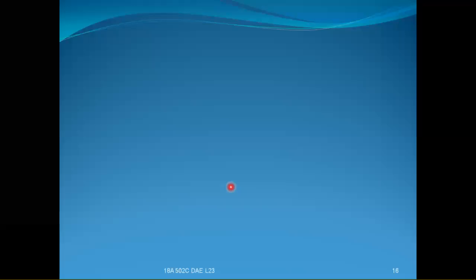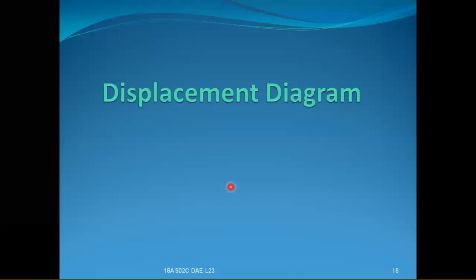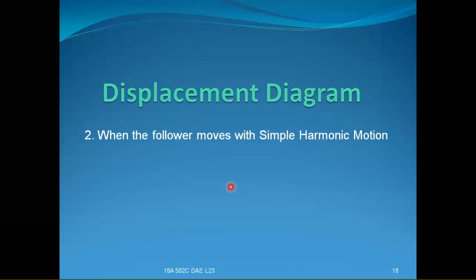Right? So next, displacement diagram when the follower moves with simple harmonic motion. When the follower moves with the simple harmonic motion, let us see.